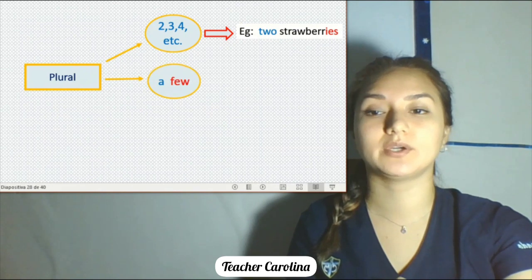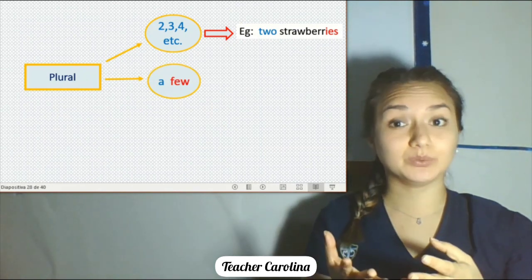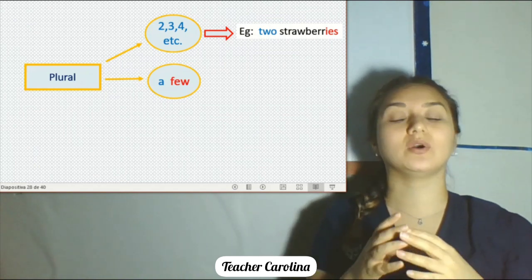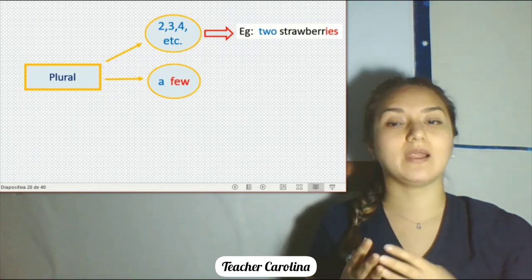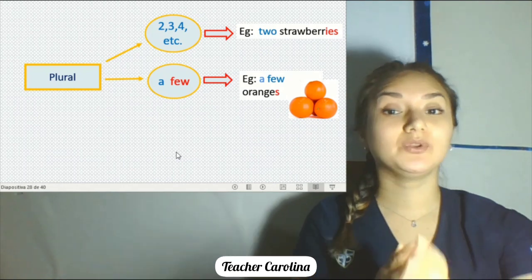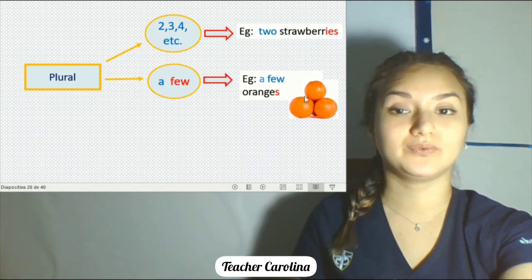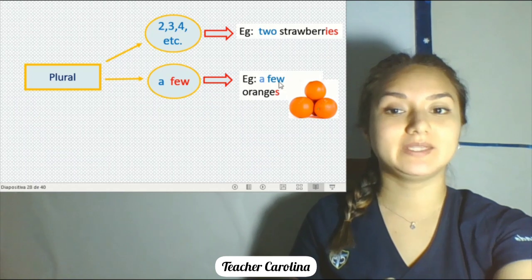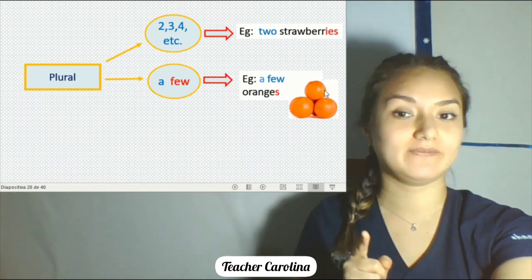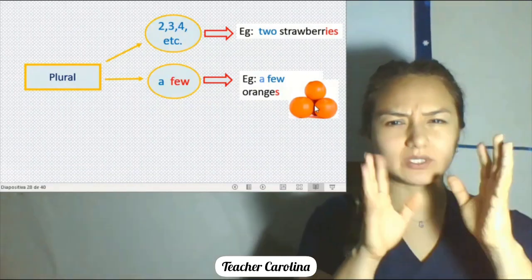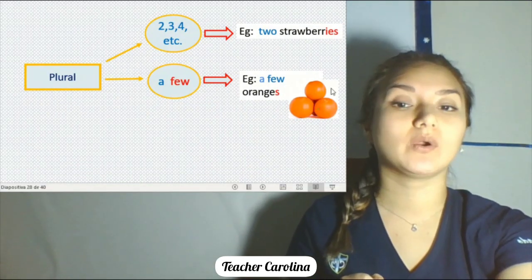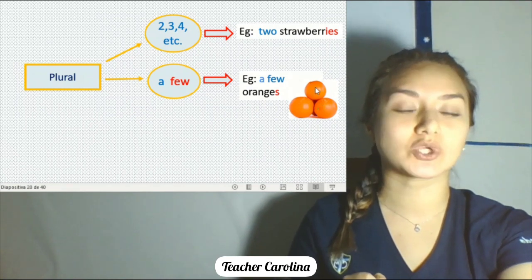Okay, now in here, a few. That is an expression that you are going to use in plural. A few. Okay, so now in here you have the example of a few, right? The example says a few oranges, and you have in here the picture in order to catch the idea. It says a few oranges. Please take a look at the picture.